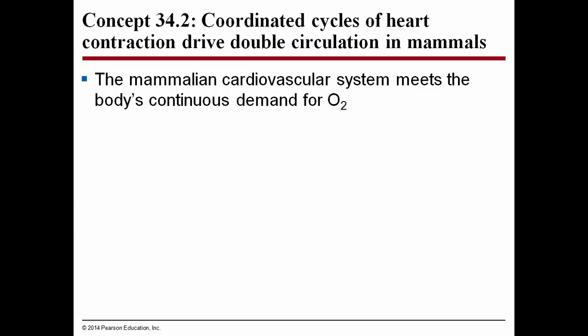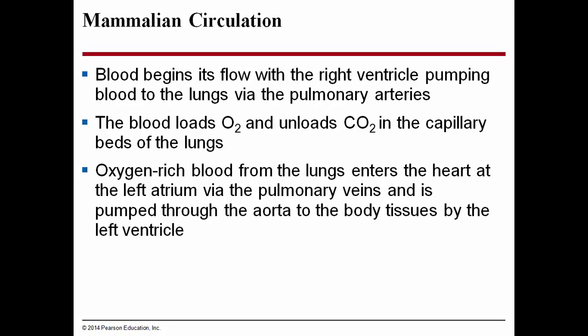Coordinated cycles of heart contraction drive double circulation in mammals. The mammalian cardiovascular system meets the body's continuous demand for oxygen. Blood begins its flow in the right ventricle, pumping blood to the lungs via the pulmonary arteries.